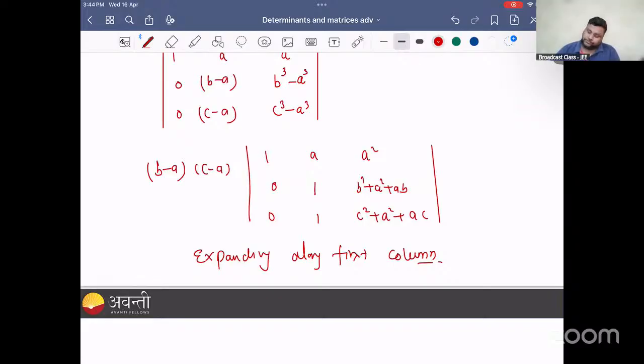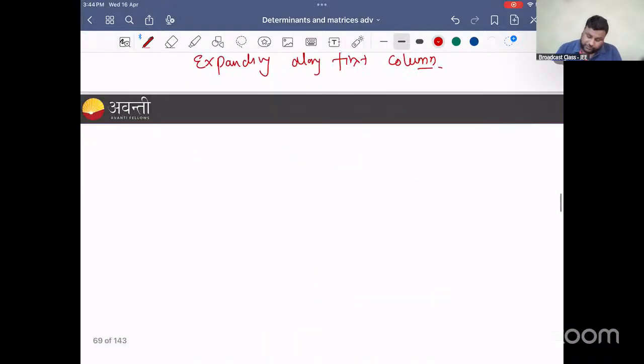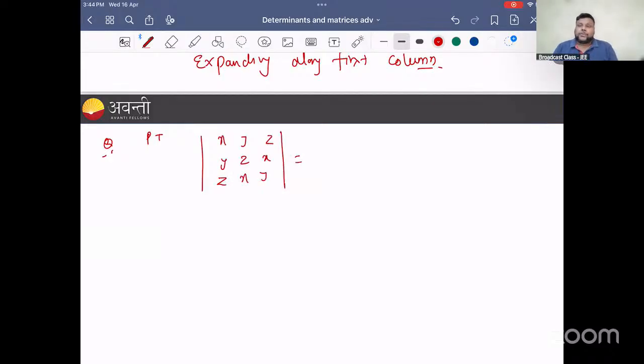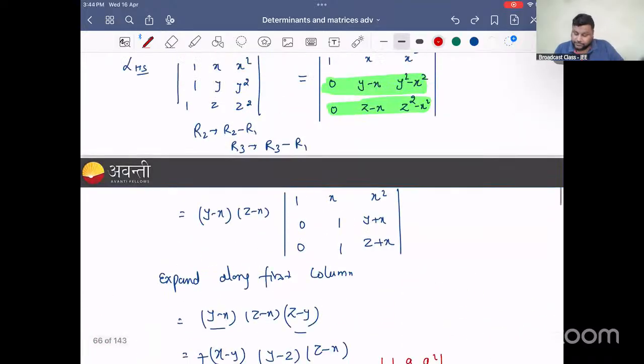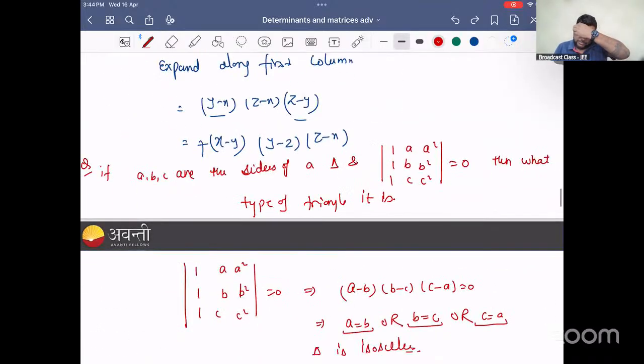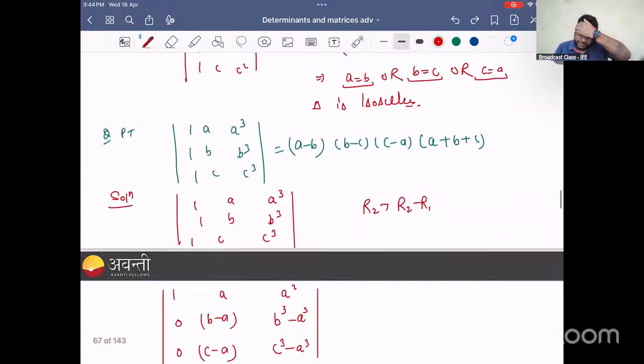Now, next question, write it down. Prove that the determinant x, y, z; y, z, x; z, x, y, with a negative sign, have I told you this earlier? Okay.